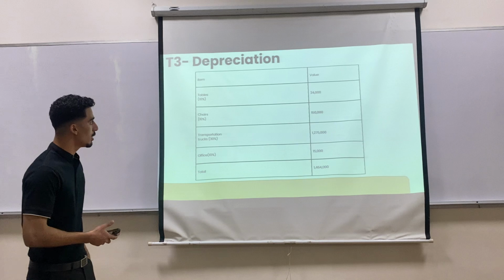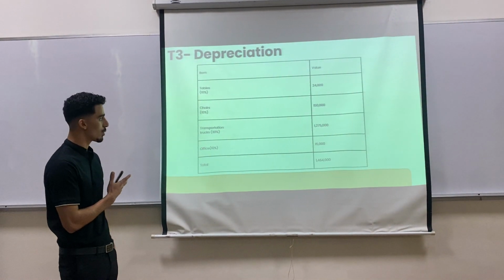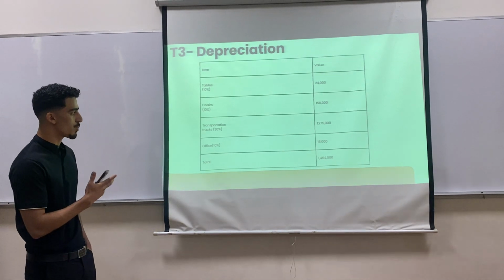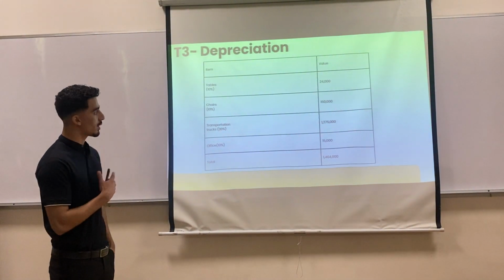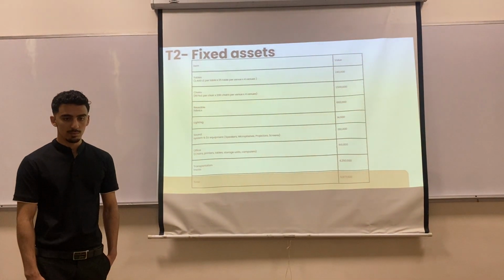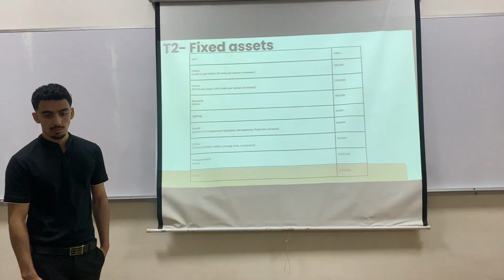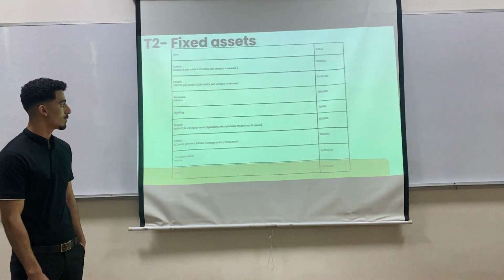The depreciation: the tables have 10% depreciation, the chairs will also have 10% depreciation, the transportation trucks have 20%. Can you go for the fixed assets, please? If you follow the items here that you say: tables, chairs, reusable fabrics, lighting.